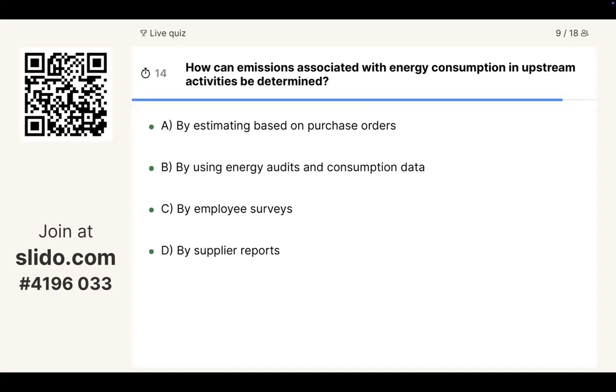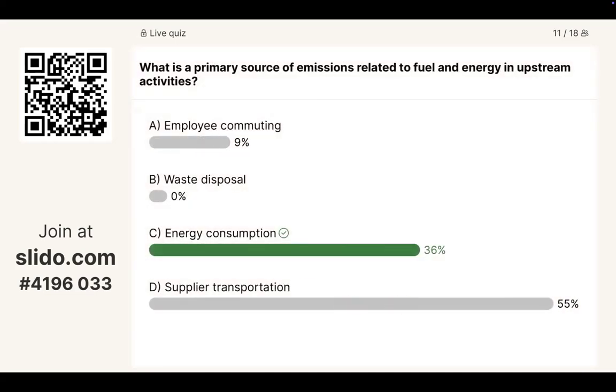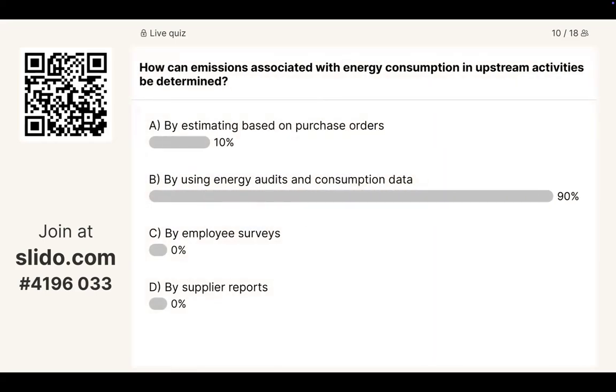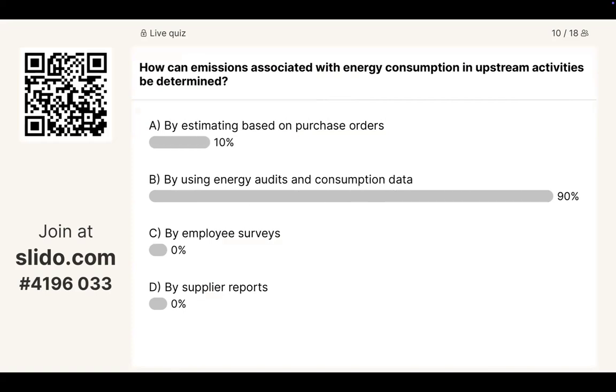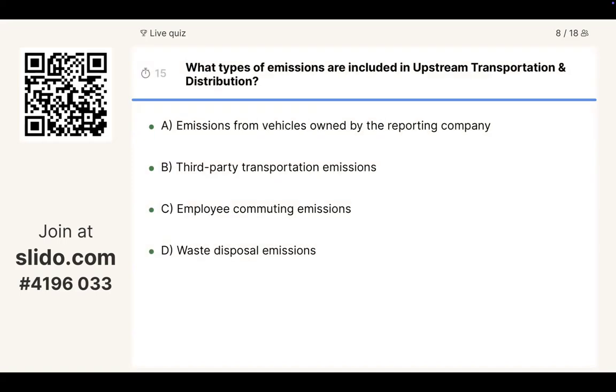How can emissions associated with energy consumption in upstream activities be determined? By estimating based on purchase orders? The correct answer is by using energy audits or consumption data. So you put in the AQI measurement system and calculate that data.